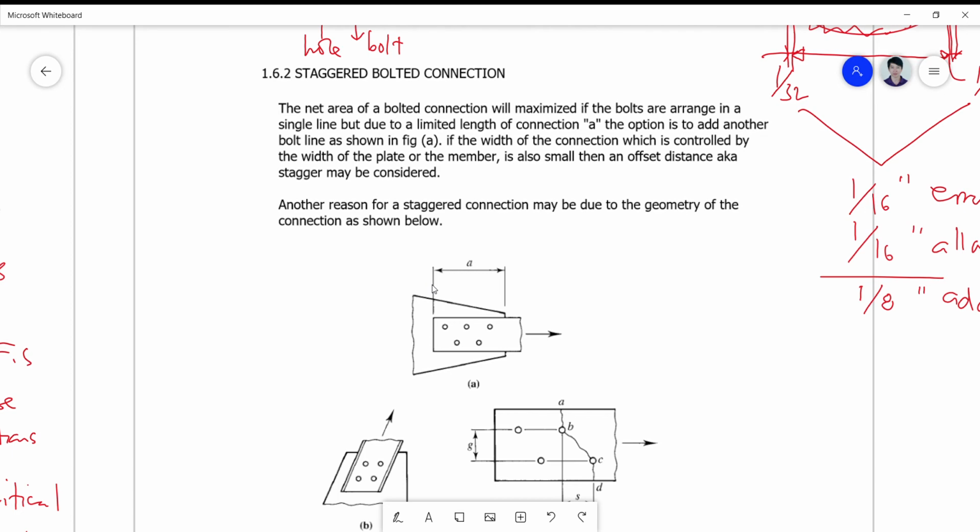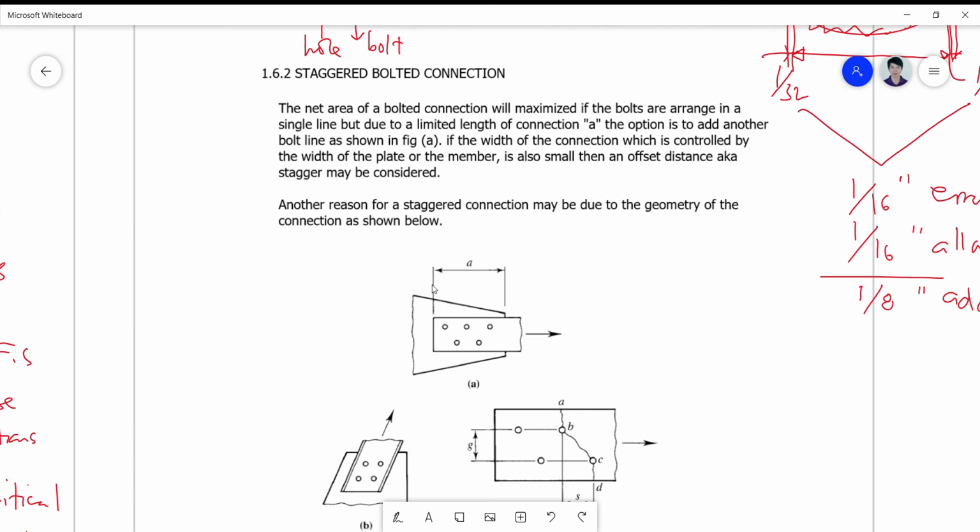Okay, so the net area of the bolted connection will be maximized if the bolts are arranged in a single line, but due to a limited length of the connection, the option is to add another bolt line as shown in figure A. And if the width of the connection is controlled by the width of the plate or the member is also small, then an offset distance, also known as the stagger, may be considered.